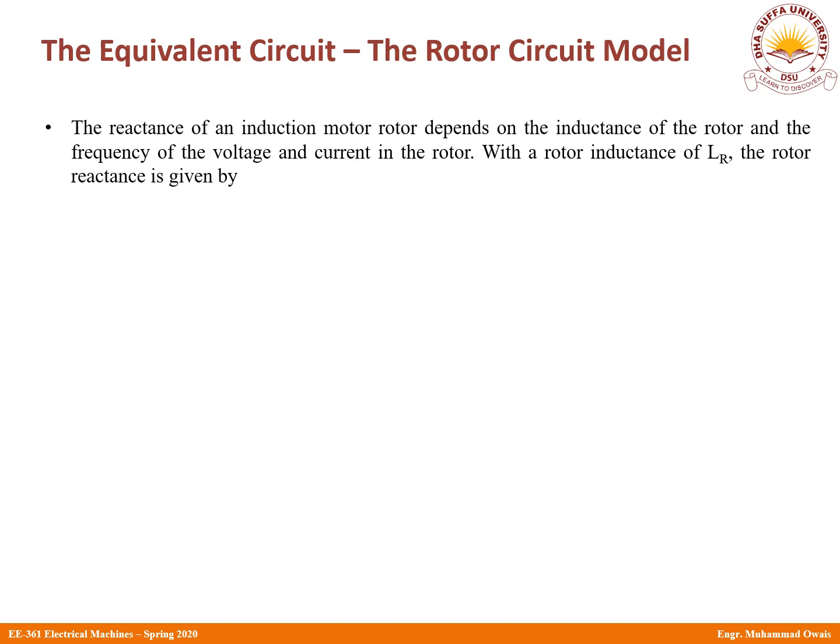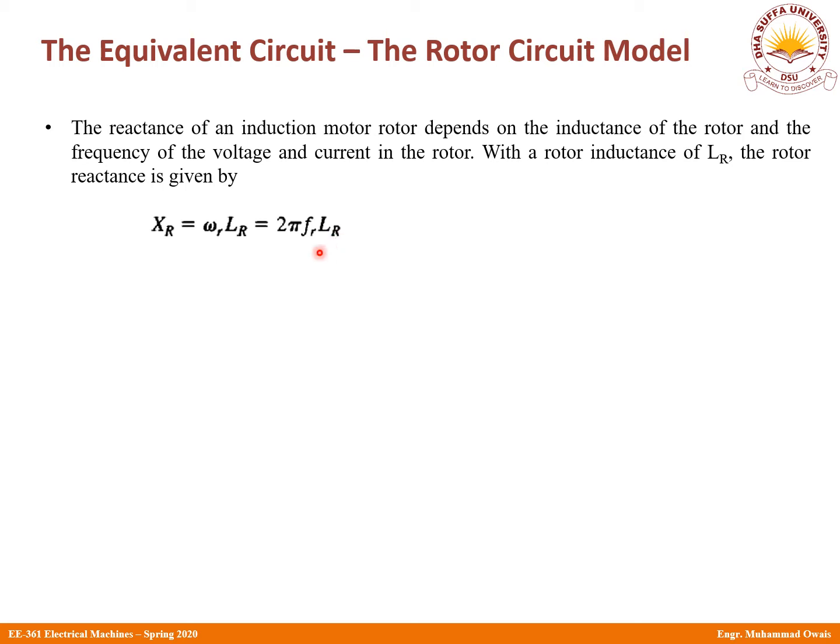The reactance of an induction motor rotor depends on the inductance of the rotor itself and also on the frequency of the voltage and current in the rotor. If the inductance of the rotor is LR, then the rotor reactance, not resistance, is given by, students, we have studied the reactance formula, XR is equal to omega R times LR, which is 2 pi f times LR.